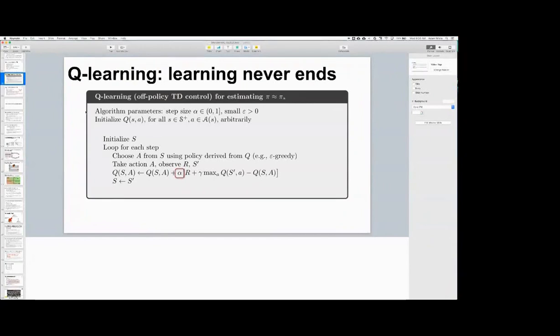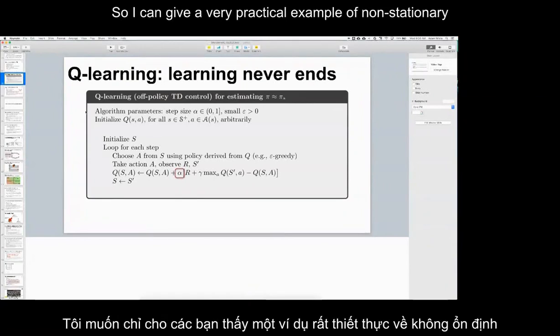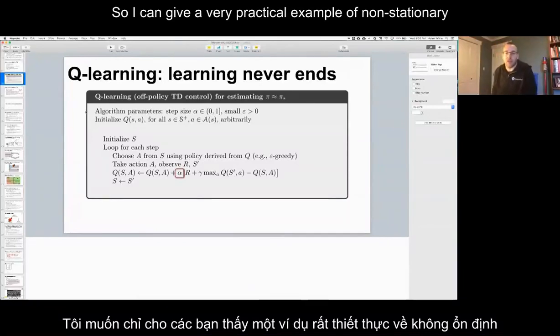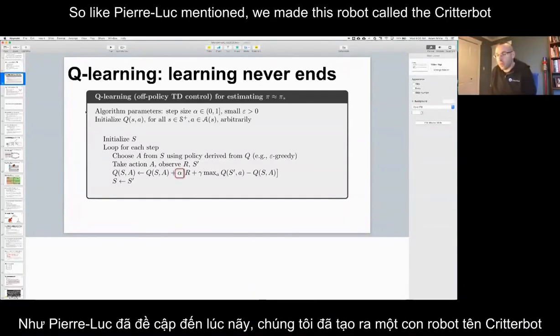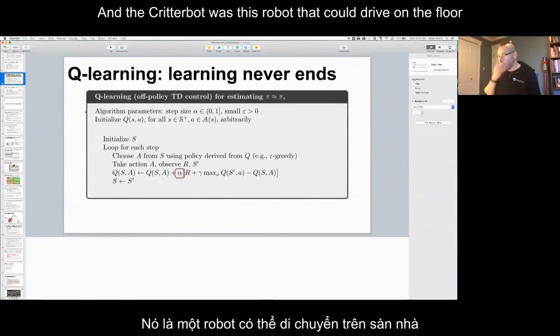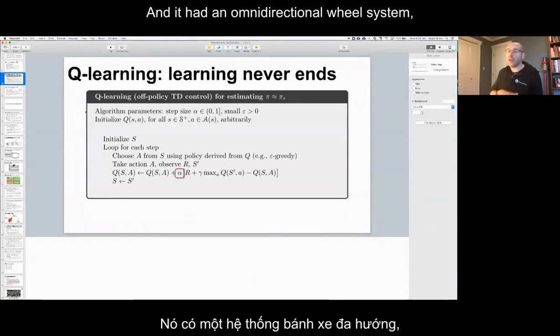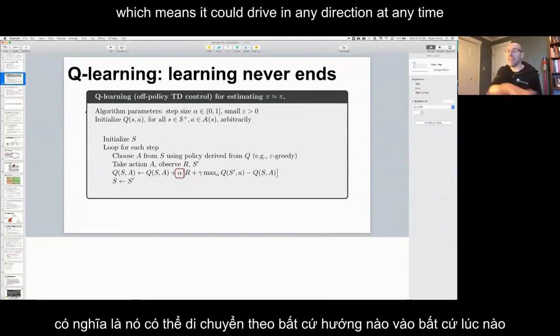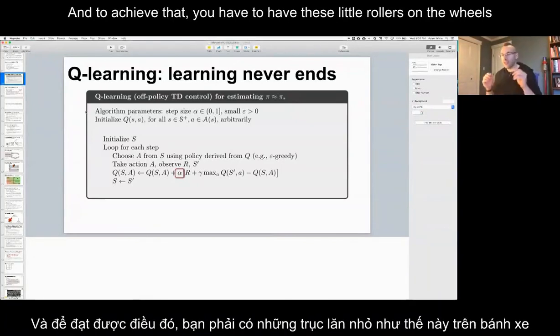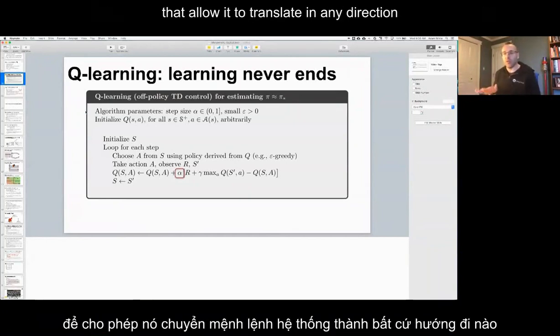Yeah. Good. So I can give a very practical example of non-stationarity. Like Pierre-Luc mentioned, we made this robot called the CritterBot, and the CritterBot was this robot that could drive on the floor, and it had an omnidirectional wheel system, which means it could drive in any direction at any time. To achieve that, you have to have these little rollers on the wheels that allow it to translate in any direction.